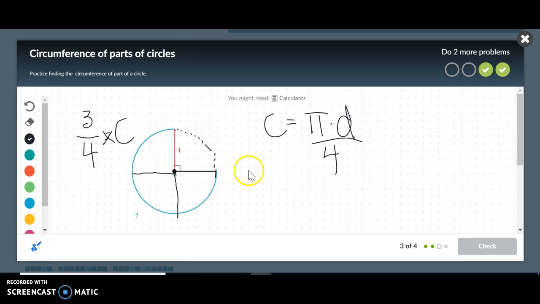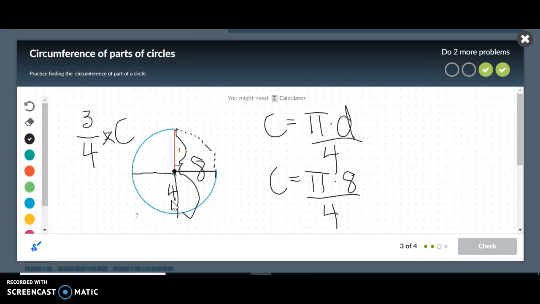Okay, so let's do this. Circumference equals pi times diameter. Well, what's the diameter? We have a radius here, right? If this is 4, then this part is also 4, which means 4 plus 4 for the whole thing is going to be 8. So our diameter is 8, and we need to divide it by 4.